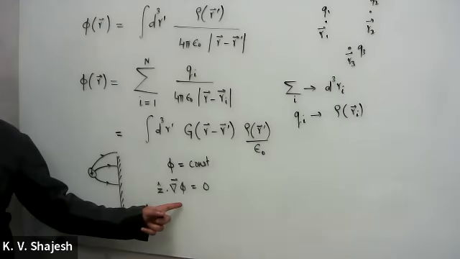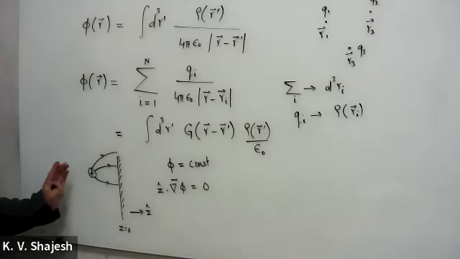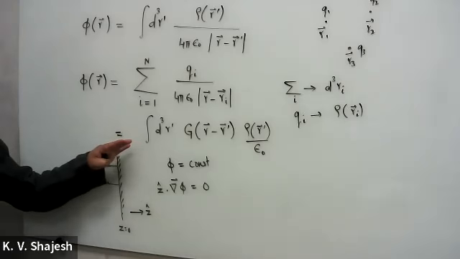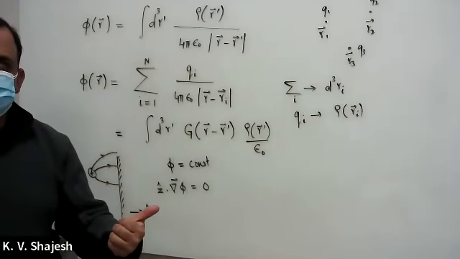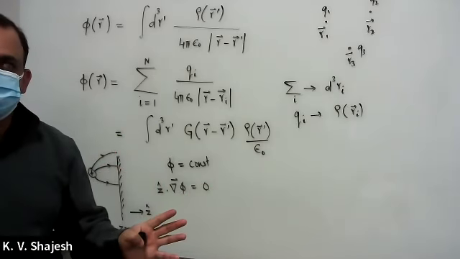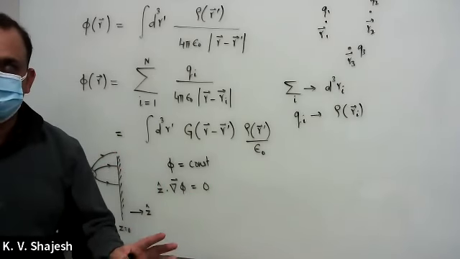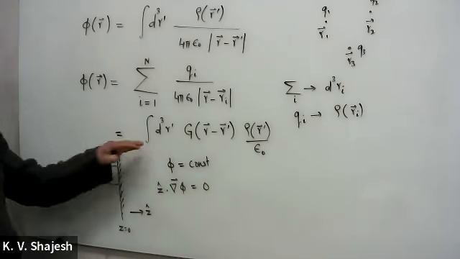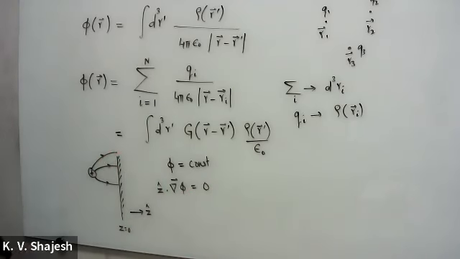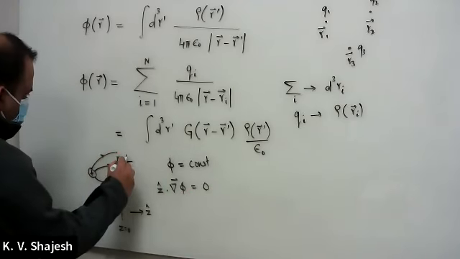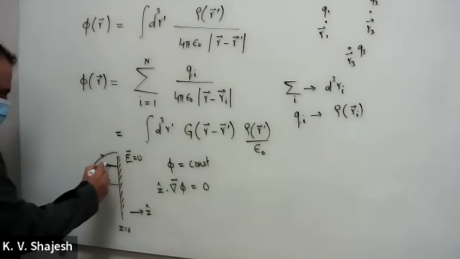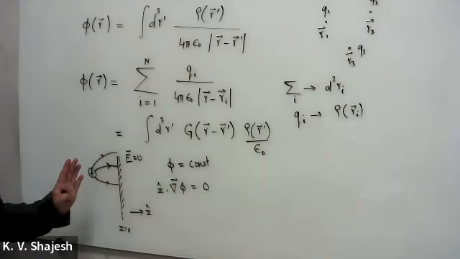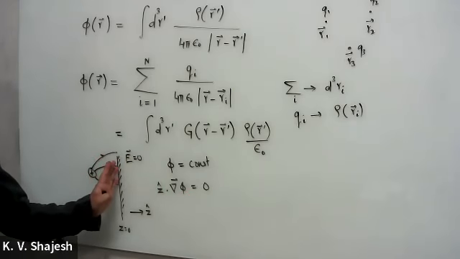Is that clear what I said? The electric field all has to come perpendicular to the conductor, right? What's the definition of a conductor? The electric field cannot be inside the conductor, it is 0, right? But it can come perpendicular. The moment I go here, the electric field is 0, but right before it, the electric field has to come perpendicular.